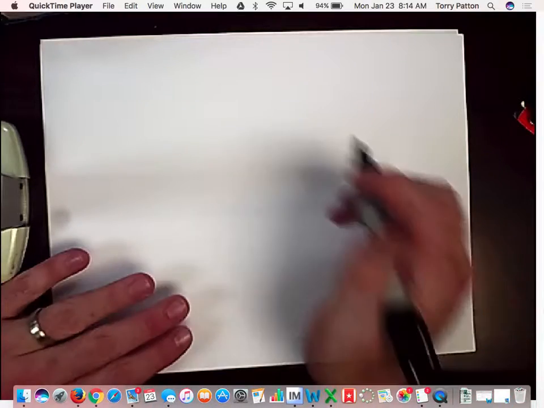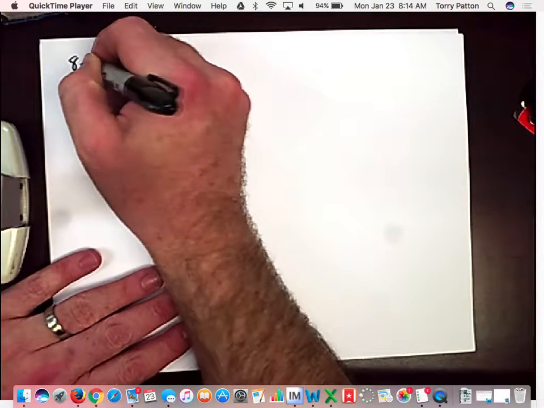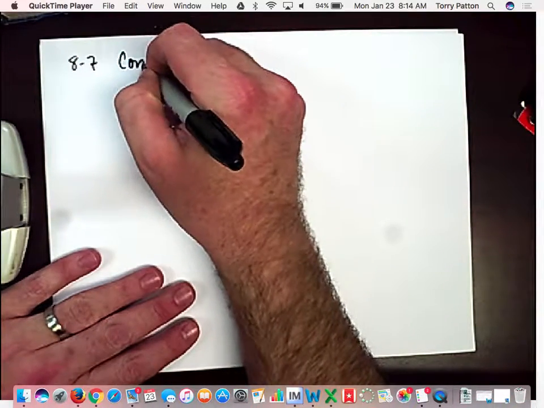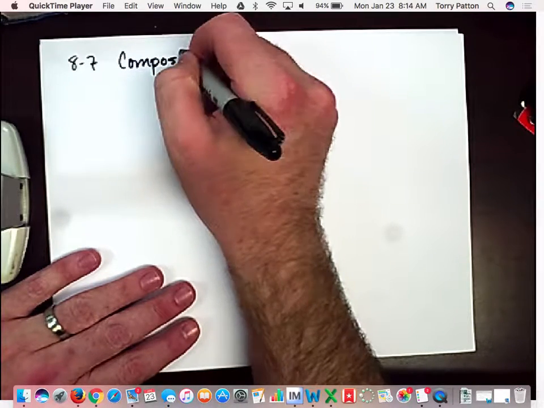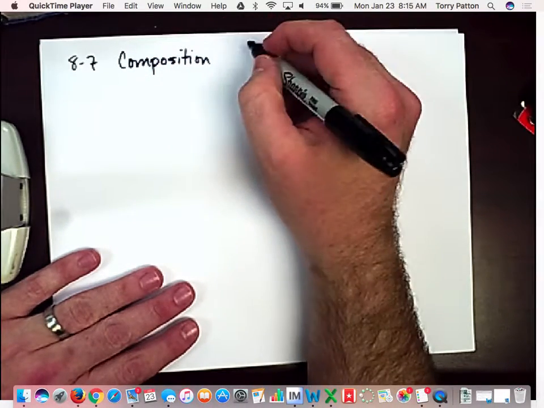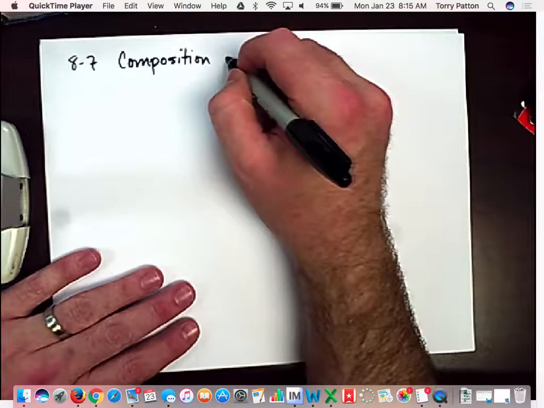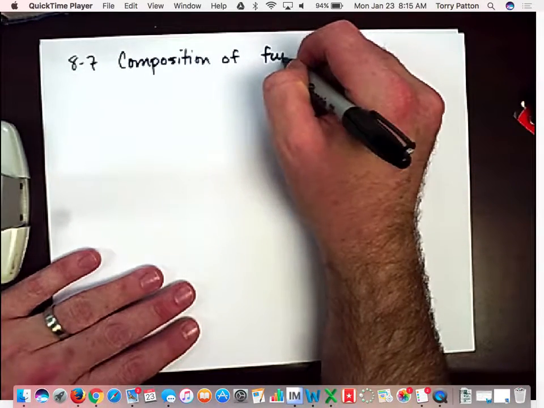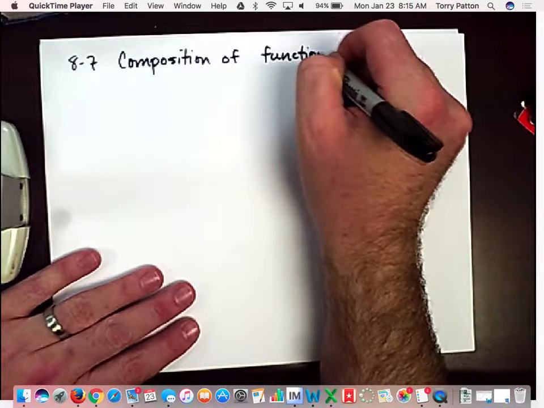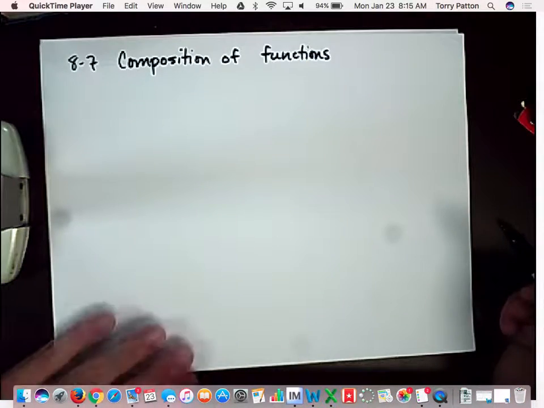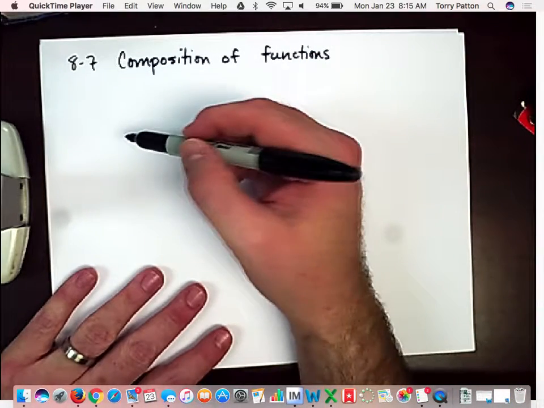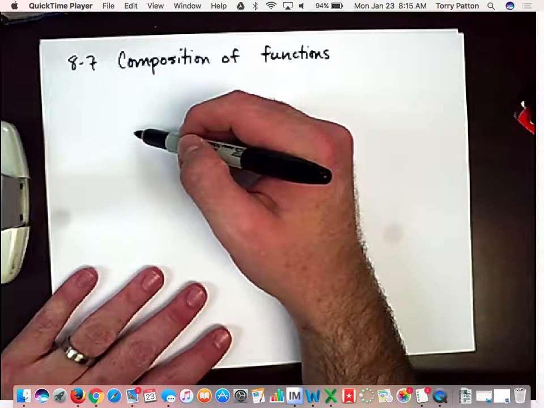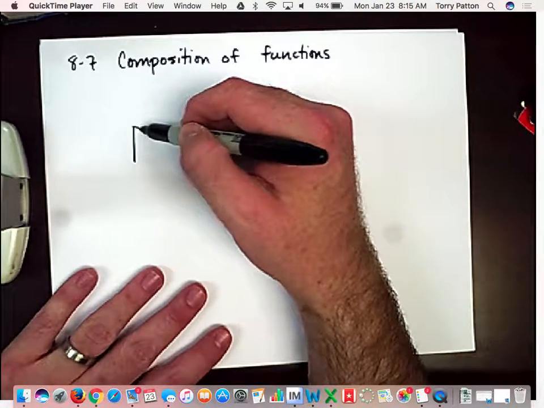So today we're doing 8.7, which is the composition of functions. Okay. Somebody gave me this visual for a function one time, and let me see if this helps you.